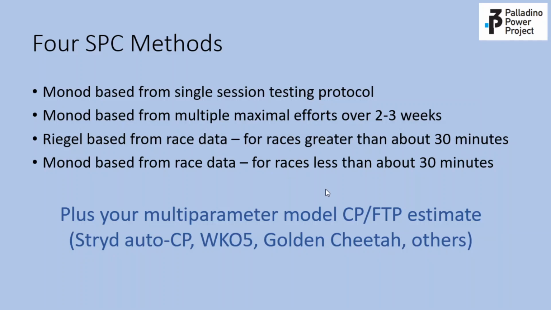So if you happen to have run a 5K and you hadn't tested other areas of the power duration curve, then the multi-parameter models may not be giving you an accurate estimate because it's using all the other data to sort that out. Whereas if you drop that race right into one of the models here, you're going to get a little bit better instant slice of time of what your FTP and CP are in the conditions that you tested or raced in.